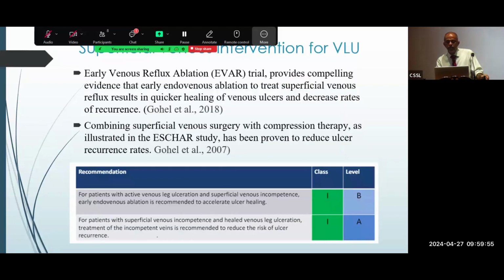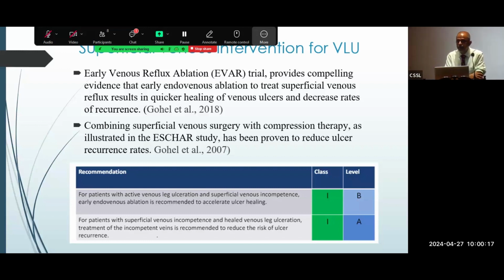Now, the EVRA trial, sorry, it's not EVA, the EVRA trial, concluded that in patients with active leg ulcers, treating the superficial reflux while you are strapping also accelerates healing. There was a trial done long years back which said there's no time difference in healing, but it stops the recurrence.